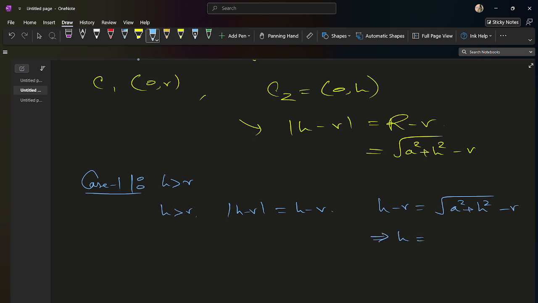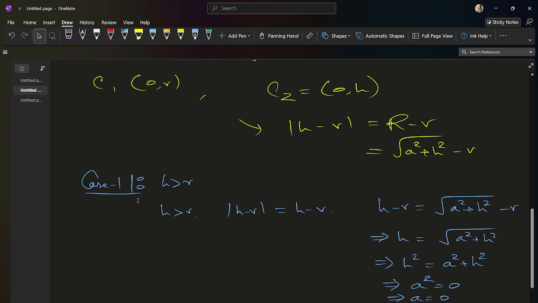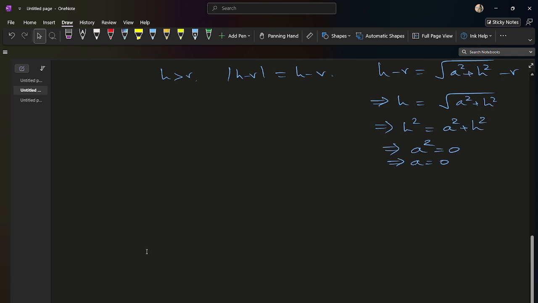So we will have h equals root over a square plus h square. So we get h square equals this, and we will get a square equals 0. So our a will be 0 in this case. So this case is invalid because a is greater than 0.